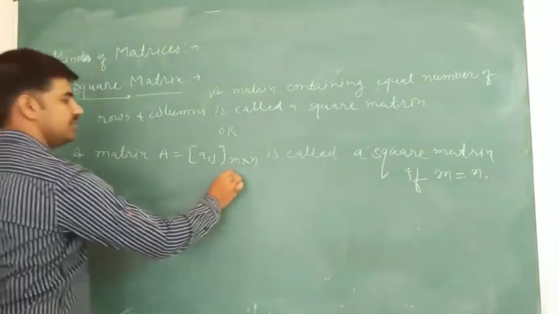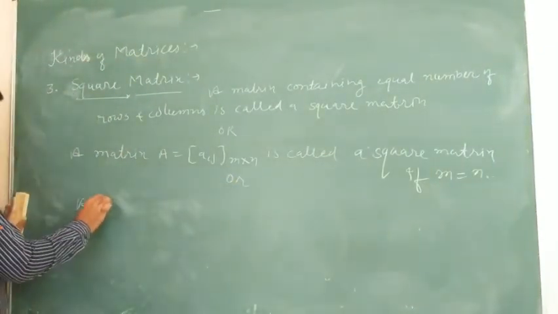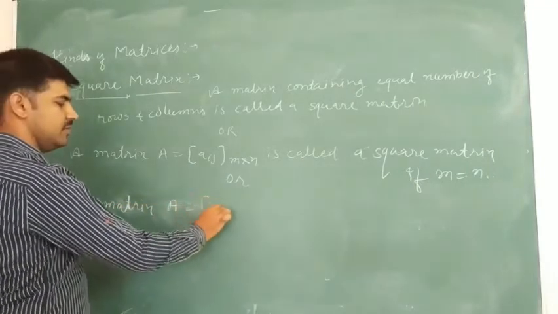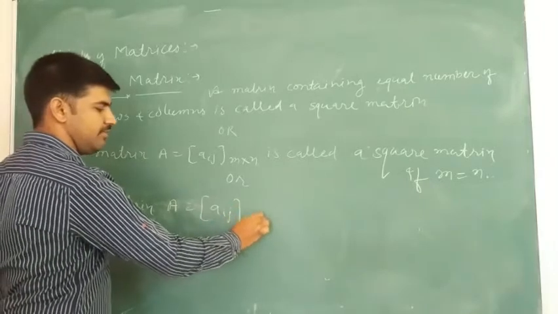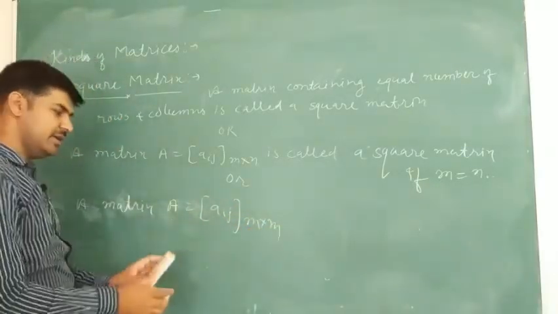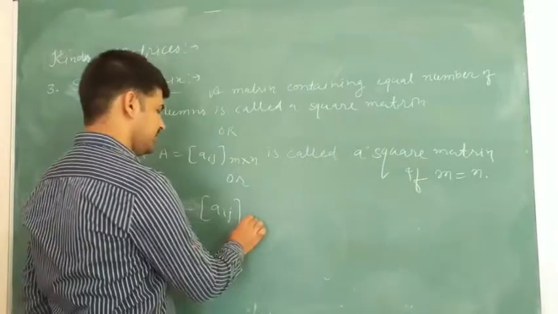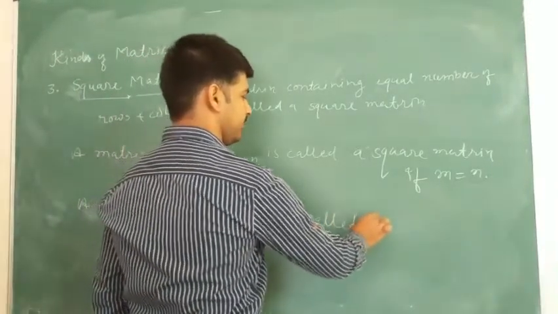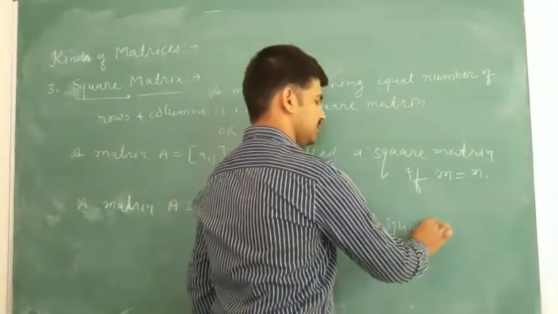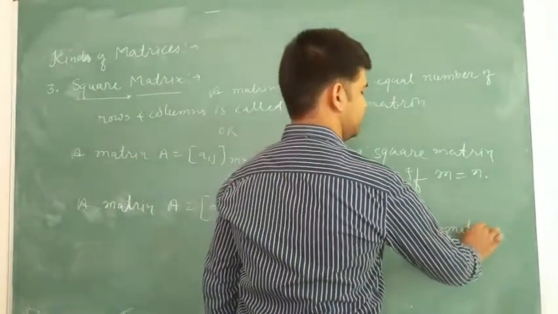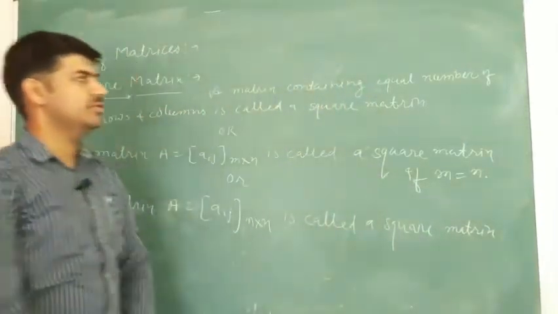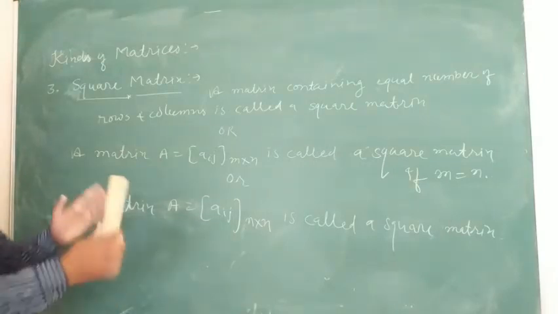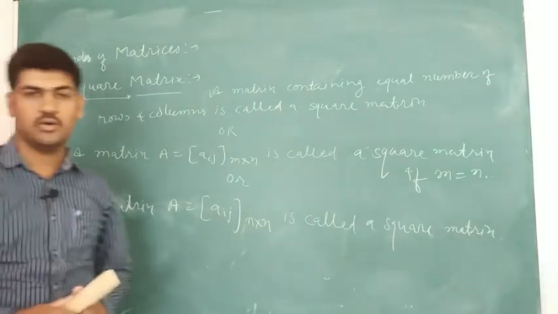Or the third definition, I can write a matrix Aij of order m by m or n by n, any you can put, suppose n by n, is called a square matrix. So from these three definitions, I hope you have understood what is a square matrix. A matrix is said to be a square matrix if it has an equal number of rows and columns.